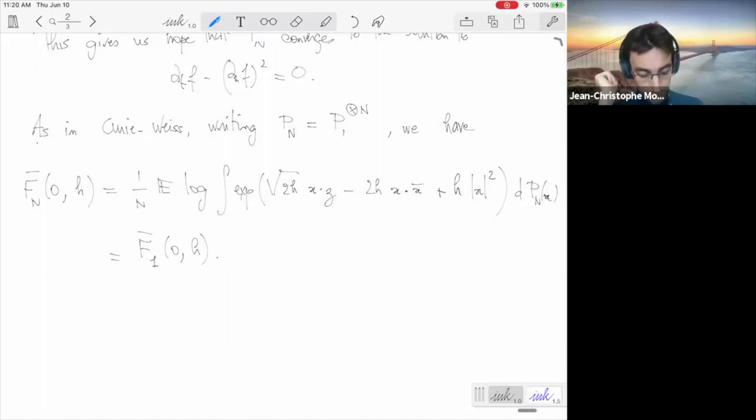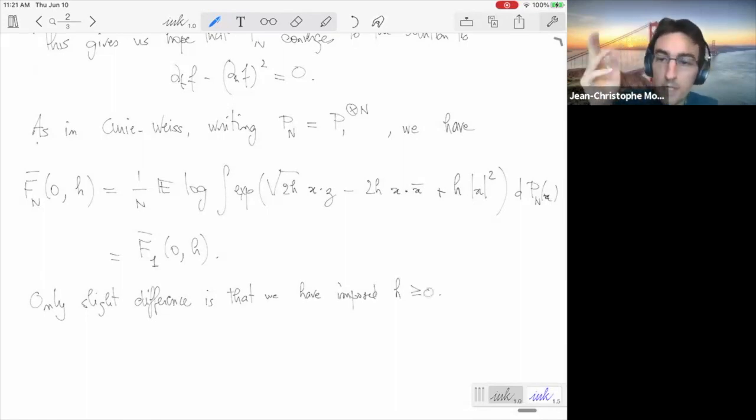Okay, so only a slight difference. But we'll see that this can be dealt with rather easily by just doing some mirror symmetry. In general, we do need to deal with the boundary condition, but this is also not particularly complex.